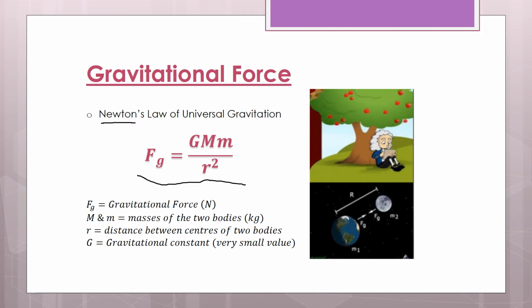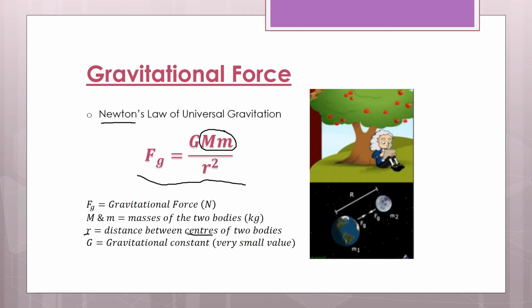So F here is the gravitational force, and both capital M and small m here are referring to the masses of two bodies, of course in SI unit, kilogram. Then the r here is the distance between the centers of the two bodies. So it's the distance between the centers, and r here is not referring to the radius.